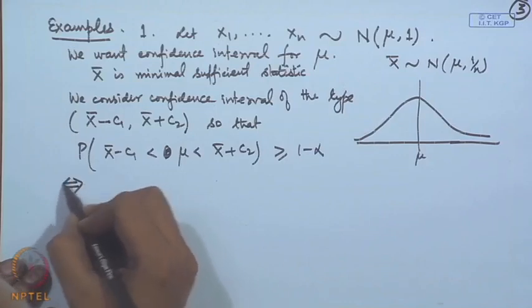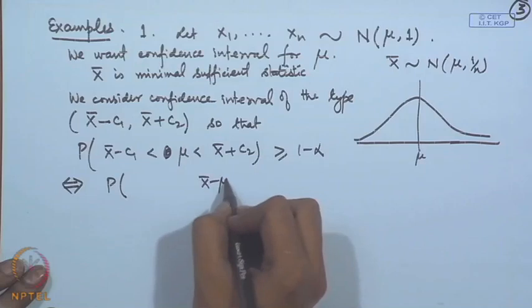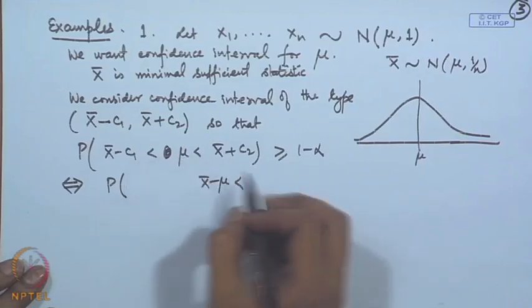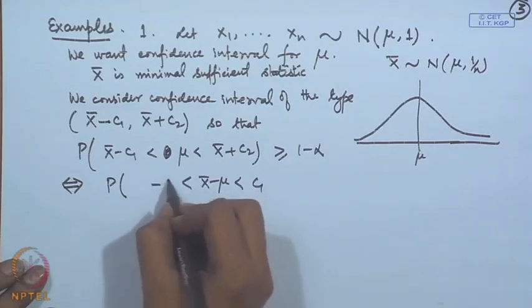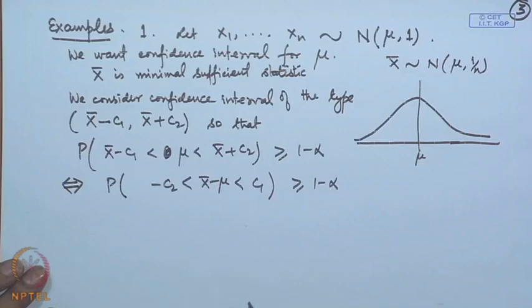Now, this statement is equivalent to probability of x bar minus mu being less than C 1 and greater than minus C 2, that is greater than or equal to 1 minus alpha.